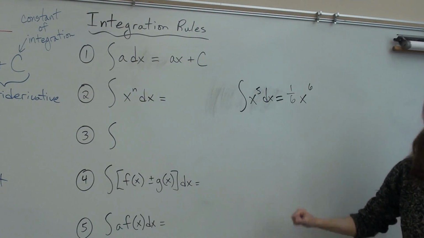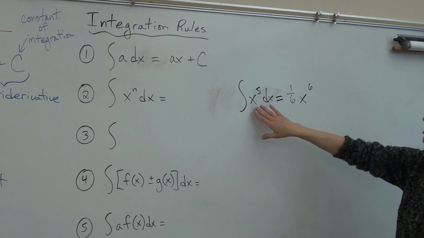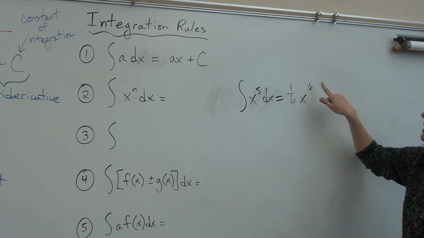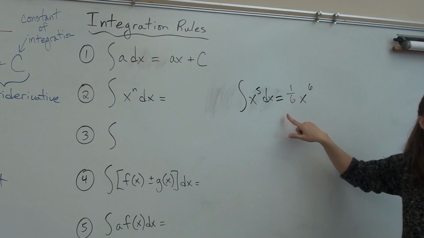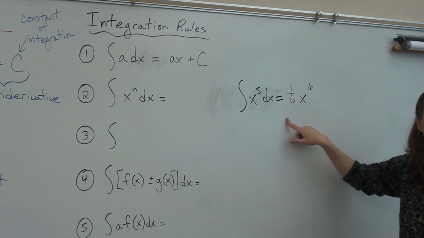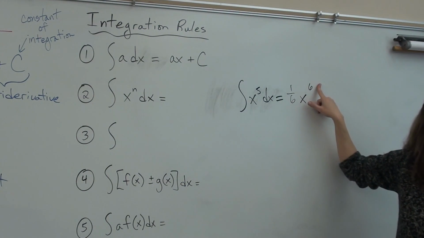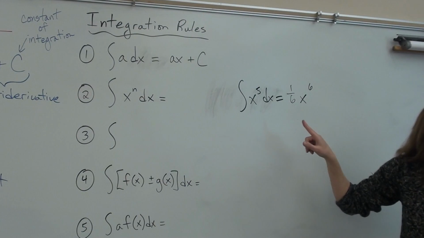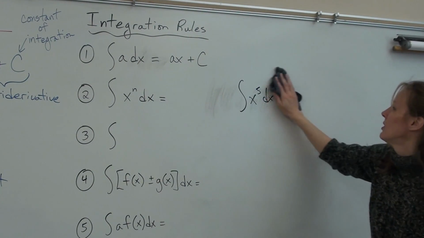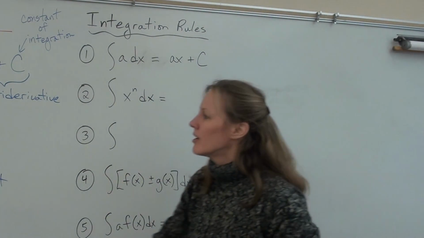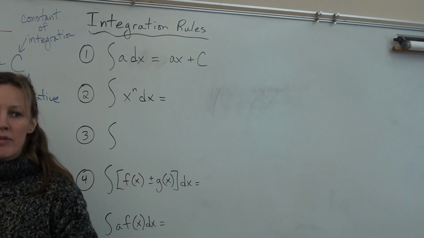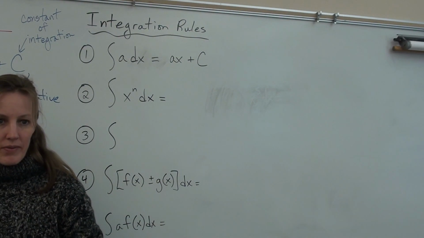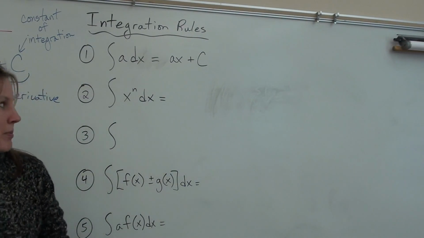So here's your rule for integrals: raise the power by 1 first, then divide by the new power. That's why x squared gives you 1/3 x cubed.